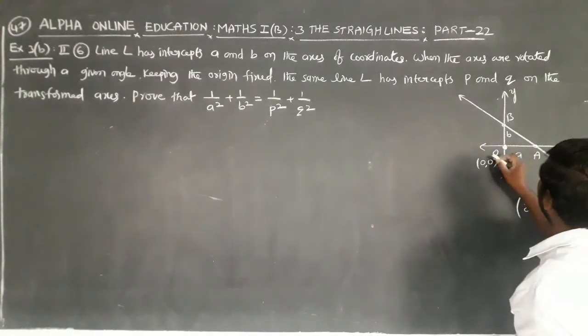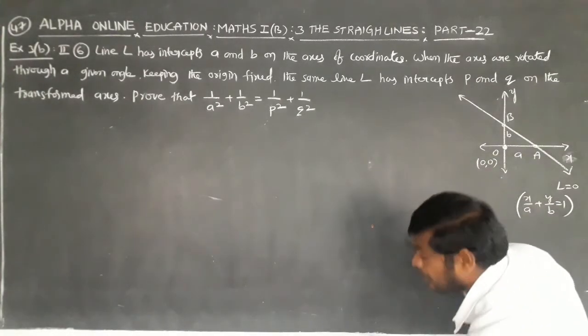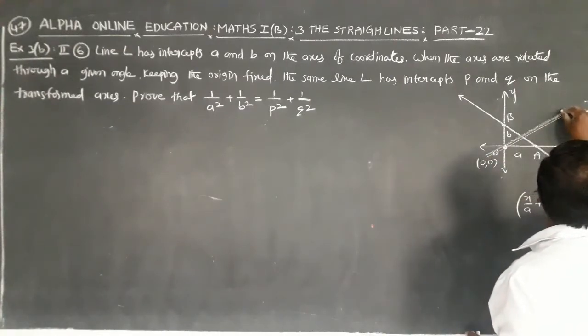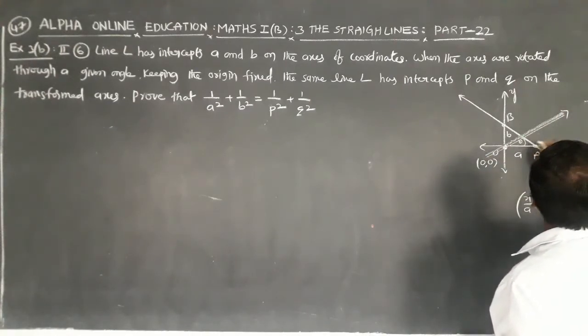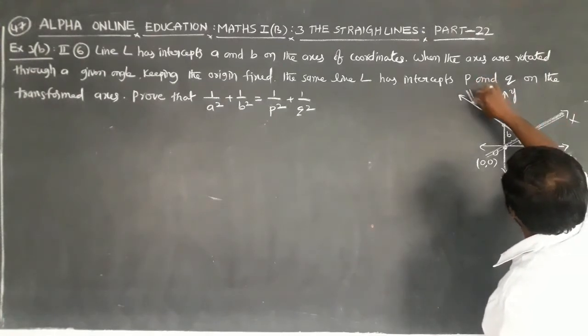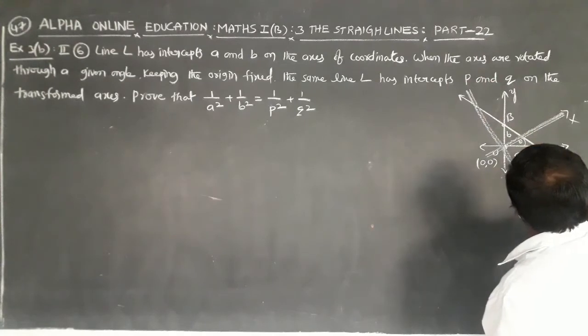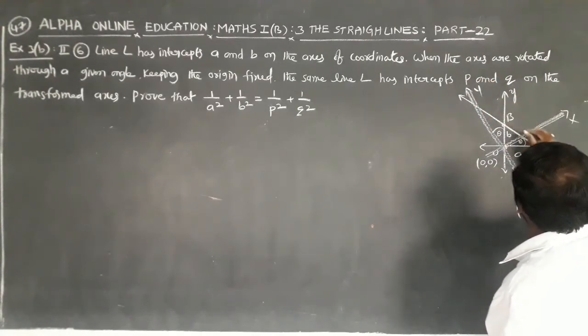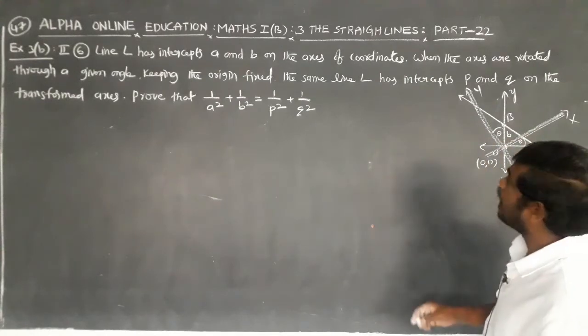Suppose theta is the rotated angle. This is the old axis, this is the new axis. Here theta is the rotated angle.